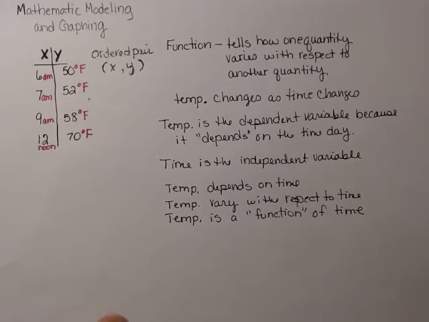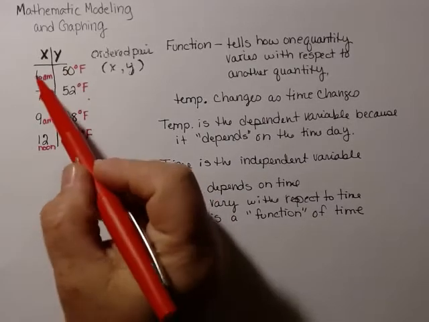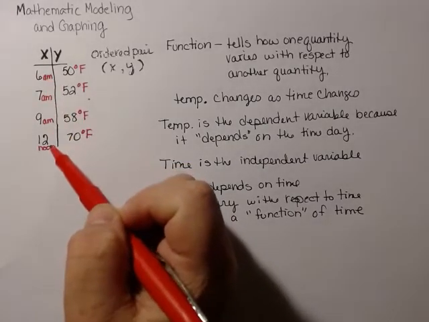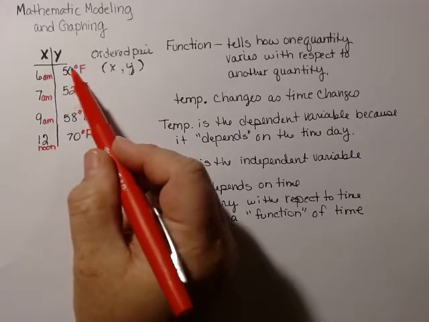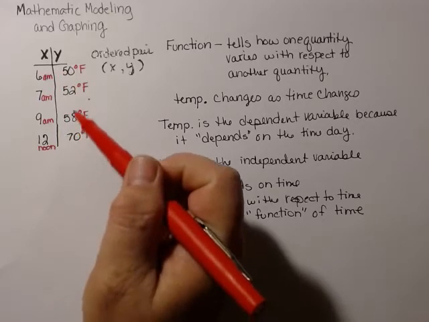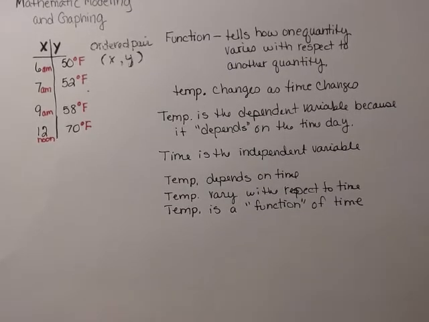So looking at this function, what you're going to notice is as the independent value increases or decreases, the dependent value increases or decreases. Okay? So let's think about a couple of different functions.